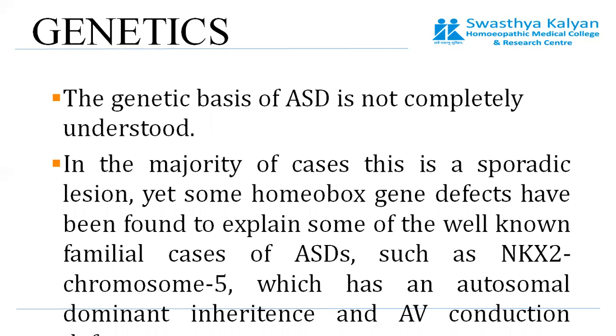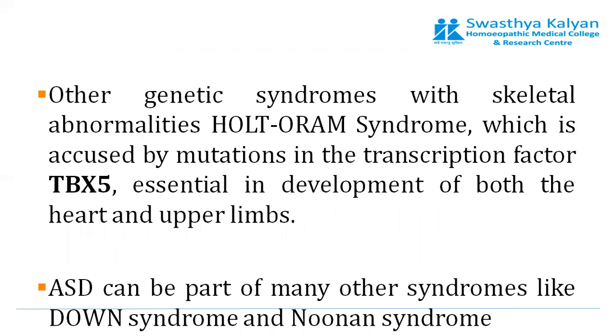Yet some homeobox gene defects have been found to explain some of the well-known familial cases of ASD, such as NKX2-5 on chromosome 5. Another genetic syndrome with skeletal abnormalities is Holt-Oram syndrome, caused by mutation in the transcription factor TBX5, essential in development of both the heart and upper limb. Also, ASD can be a part of many other syndromes like Down syndrome and Noonan syndrome.